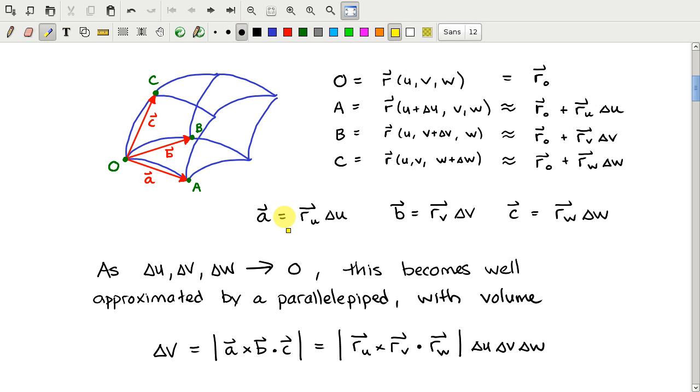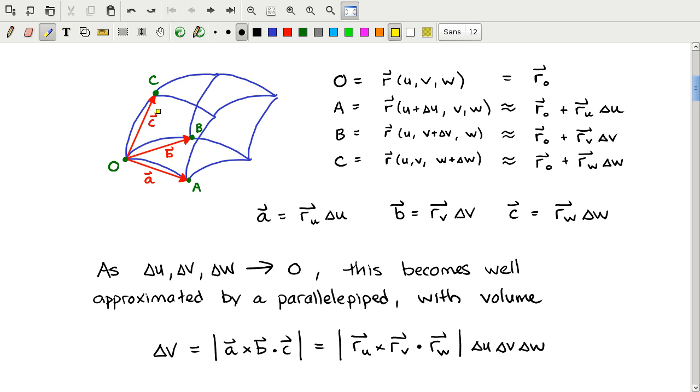B, the vector from O to capital B, is likewise r naught plus partial r partial v delta v minus r naught, or r_v times delta v.